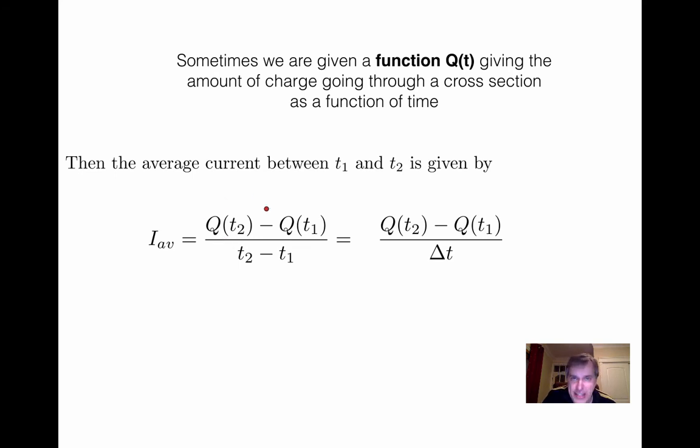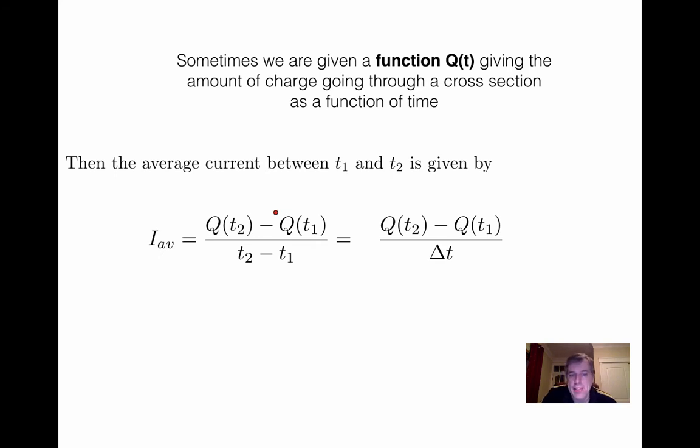We're not calculating the velocity of the charges. We're calculating how much current is going through a cross section. Okay. But like in mechanics, when you calculate an average velocity of an object, you can also calculate the instantaneous velocity at one time. So here we can calculate the average current between 2 times, but we can also calculate the instantaneous current at one specific time.